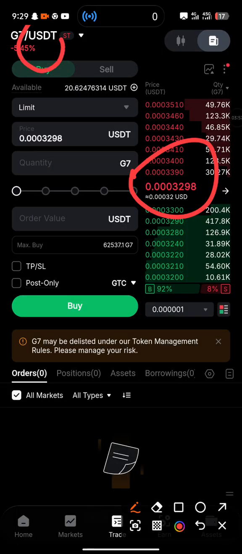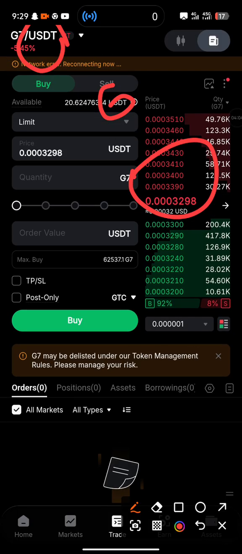Here it is showing limit. Change it to market price so that your trade will be executed instantly. I've invested over 70 USDT on this particular coin already, but I still wish to use it for this tutorial.